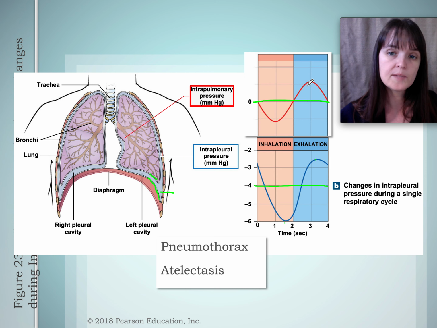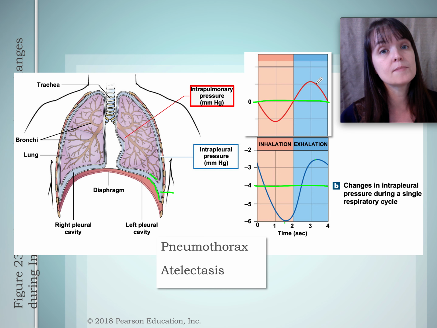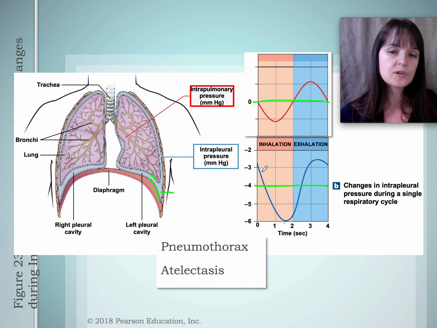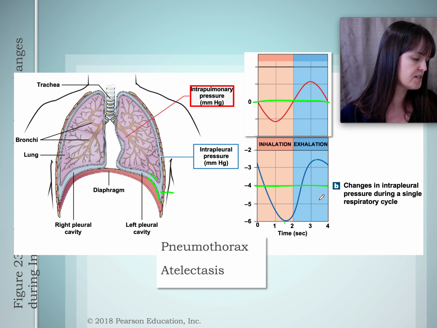Intrapulmonary pressure is sometimes lower and sometimes higher. It's lower when you're inhaling. It's lower to make you inhale and higher to make you exhale. So it's sometimes lower than atmospheric pressure. Intrapleural pressure, which is our blue line, is always lower than atmospheric pressure.